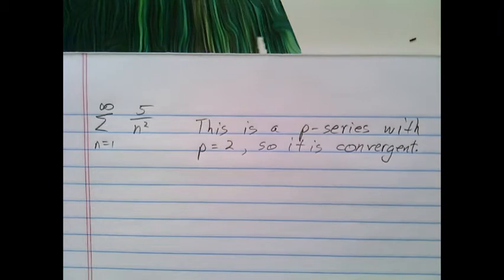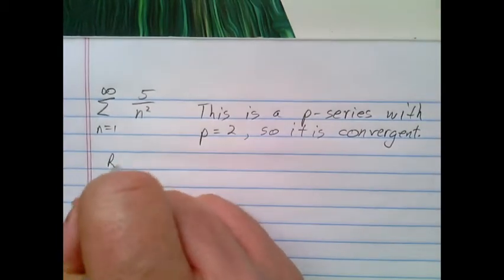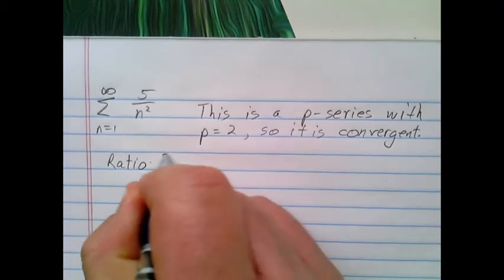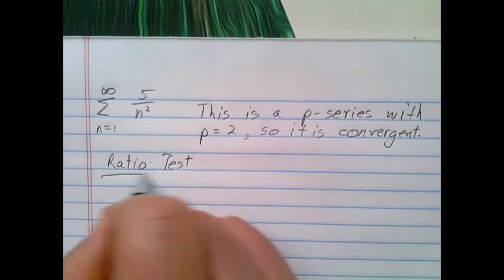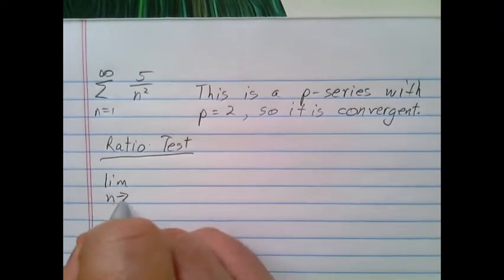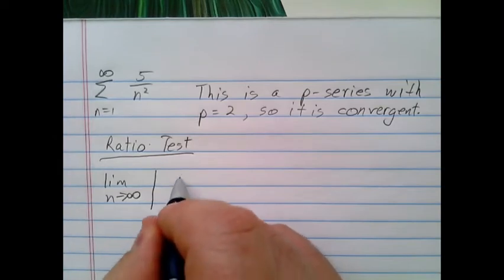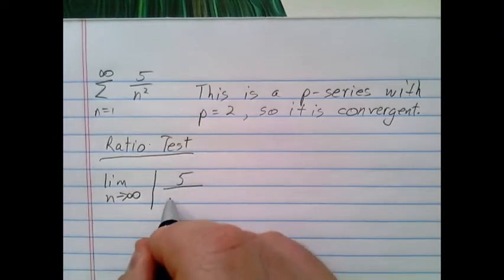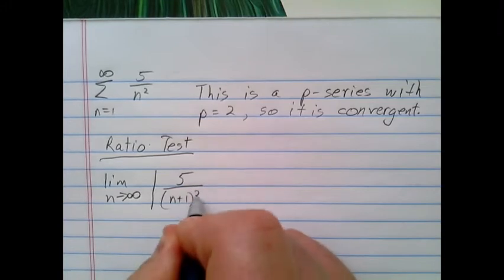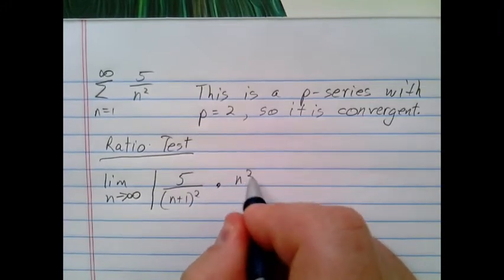We know the answer. But let's see what happens when we apply the ratio test. I'm taking a limit as n goes to infinity, absolute value. My n plus 1 term is going to be 5 over n plus 1 squared. And then I need to multiply by the reciprocal of the n term.